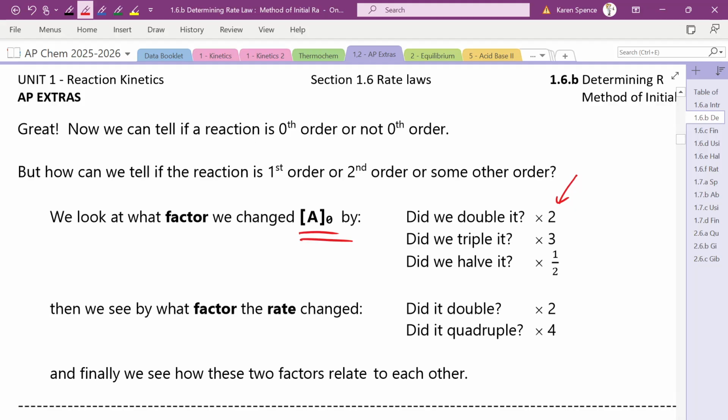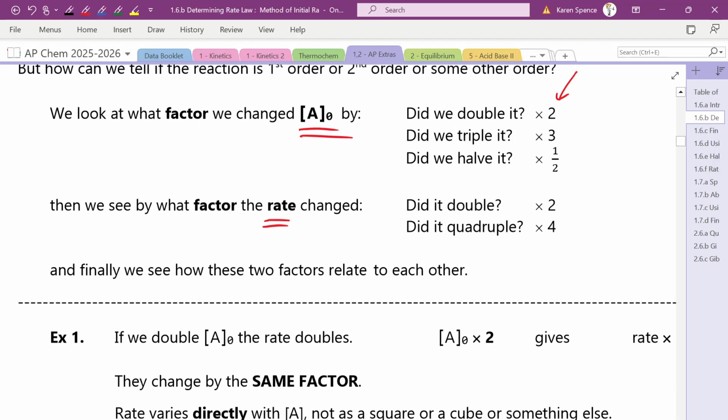If we triple it, that means it was times 3. If we halved it, that means it was times a half. And then we say, by what factor did the rate change? Did it double? Did it quadruple? What happens? And then we say, how do these 2 factors relate to one another?